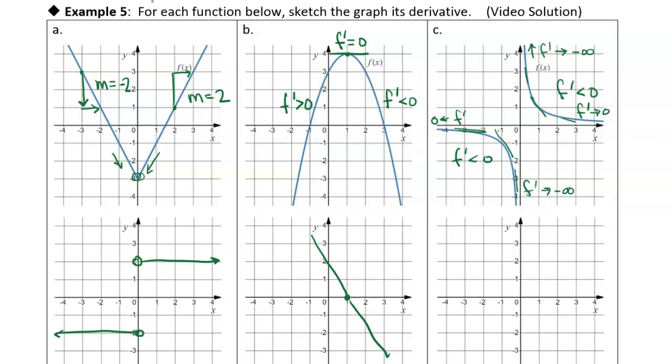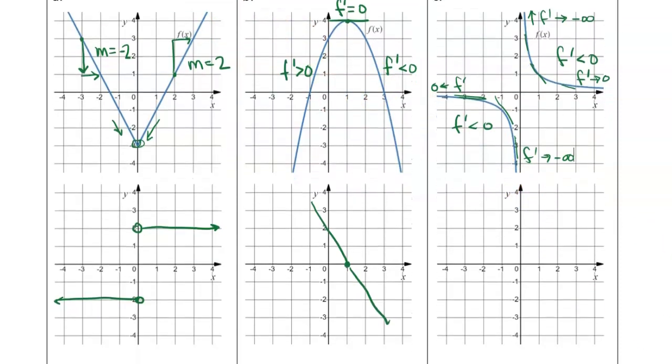So what does that look like? It looks like this. It looks like the derivative is always negative, and at the extremes, in the end behavior of the derivative, it looks like it's going to 0.